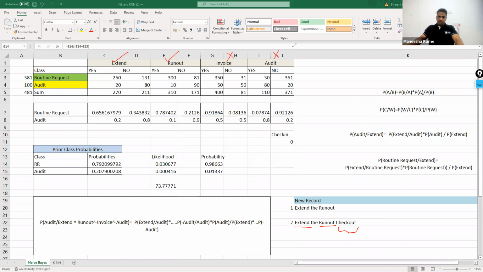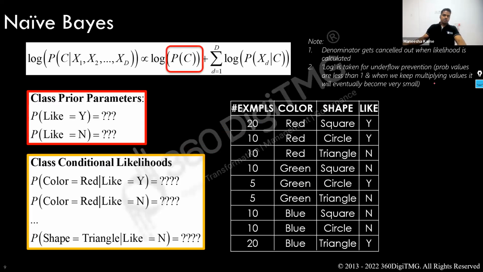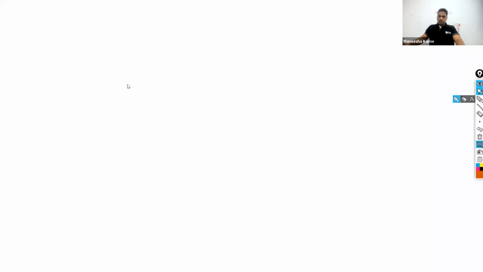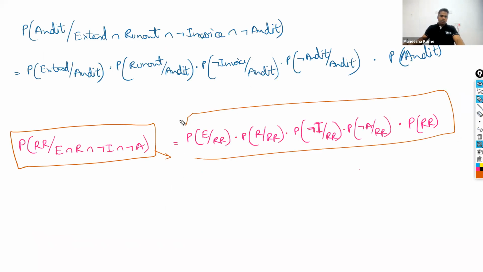Okay. But even before I proceed further, I think at this juncture, I can show you the formula when you have multiple words. It can be written like this. You have this, right? If I take a log, and you know what?